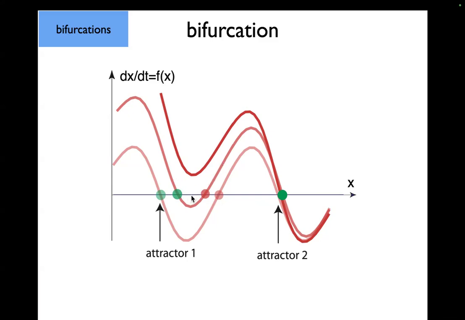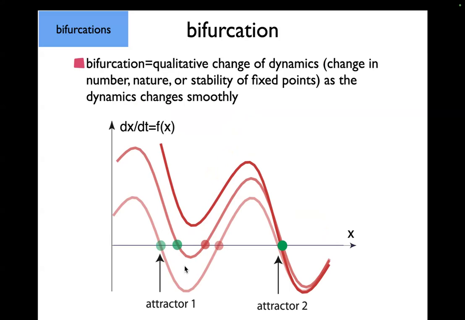The line will be just tangent, and then it will lift up and go. There is no longer a fixed point, neither repeller nor attractor, left. Locally around this would be called a bifurcation. It's a qualitative change of the dynamics, a change in the number, nature, or stability of fixed points as the dynamics changes smoothly, with the assumption that the shading is continuous as I change the parameter.